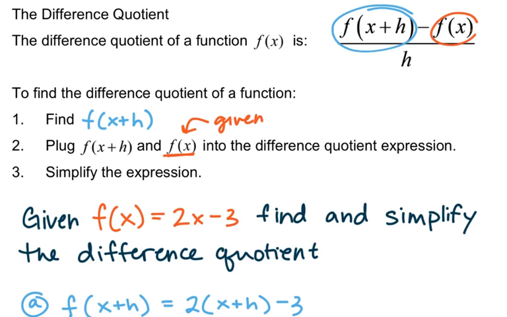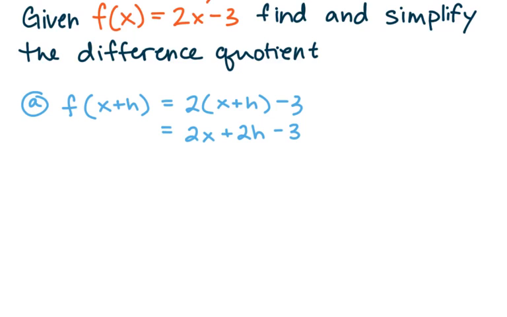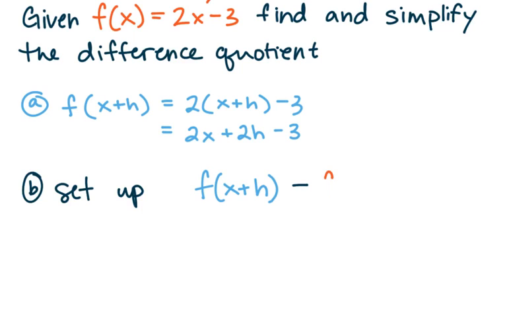We are also given f of x. So setting this up, my setup here is we're going to have f of x plus h minus f of x, and then all of this is divided by h. So I was given f of x, and I just found f of x plus h.